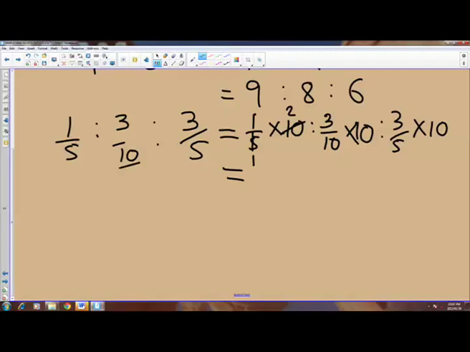And then 10 into 10, 1. 5 into 5 once, 5 into 10 is 2. Now we got 1 times 2 is 2, 3 times 1 is 3, and then 3 times 2 is 6.